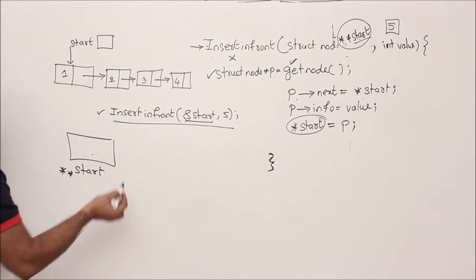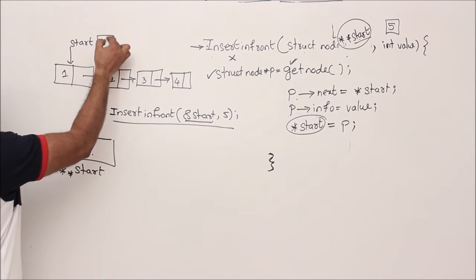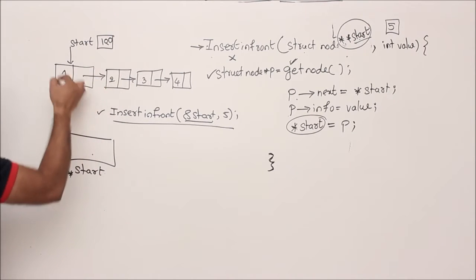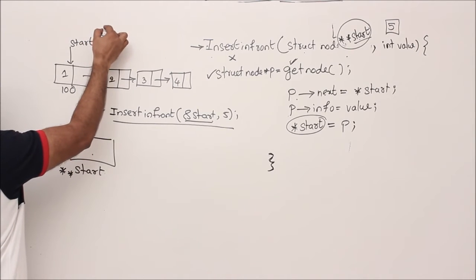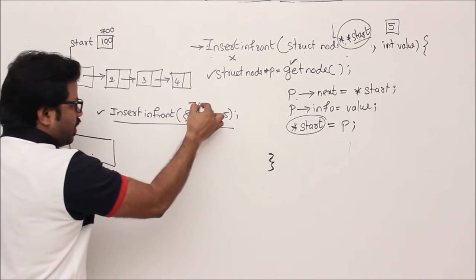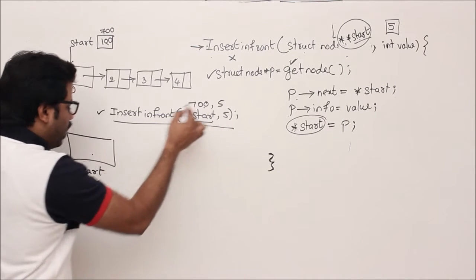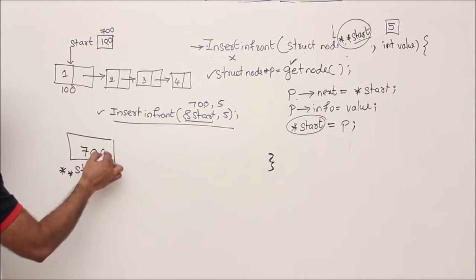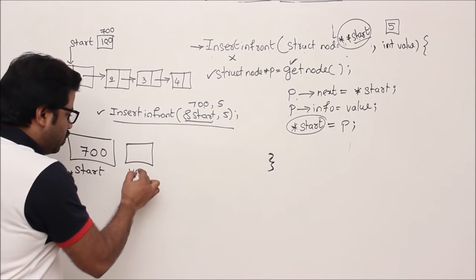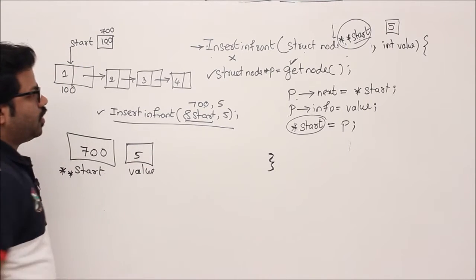What is the address of start? The content of start is 100, don't get confused. The content of start is nothing but this box, but the address of start is something else. Let me assume that it is 700. Now you are passing that 700 comma 5. 700 is going to come to double star start, and 5 is going to come to value. So value is 5.